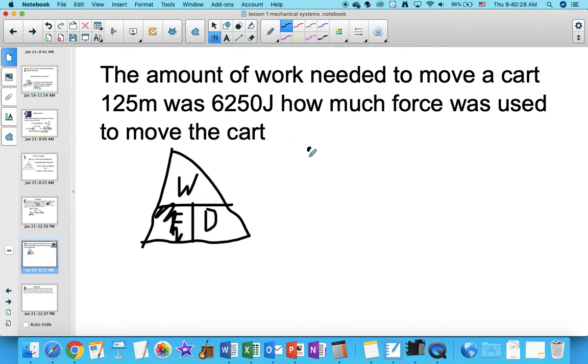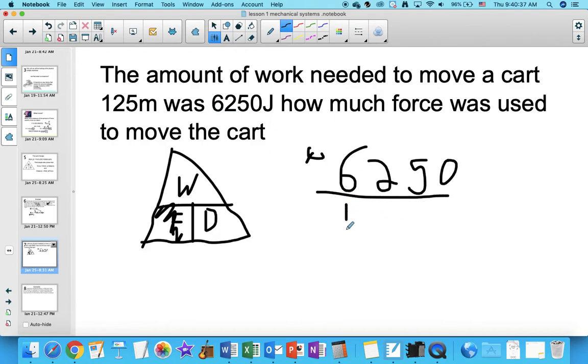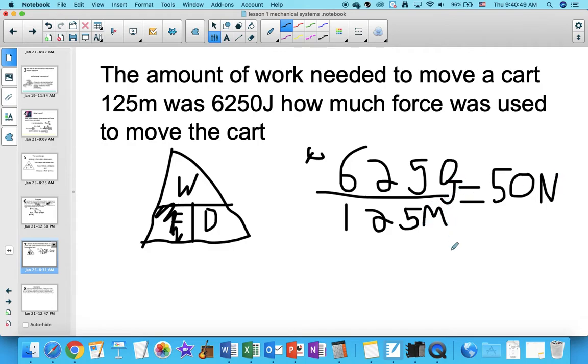Okay, work is 6,250 over 125. And again, that'll equal 50. Now remember, keep your units. Newtons, joules, meters. Okay? So that's how you would solve these types of questions.